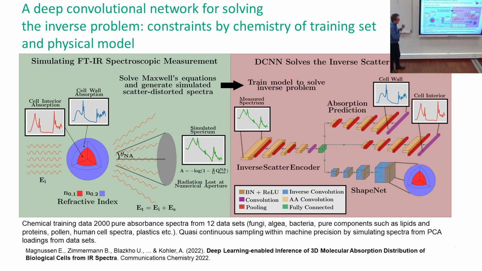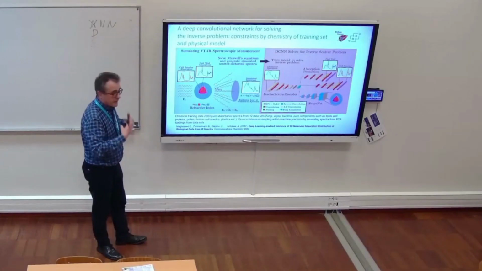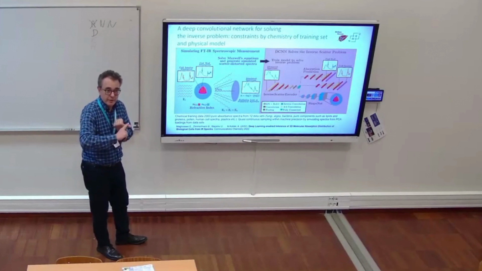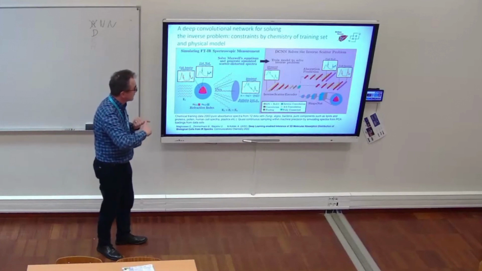So we used chemical training data. We had around 2,000 pure absorbing spectra from 12 data sets covering fungi, algae, bacteria, new components, etc. For each of these data sets, we used principal components of a PCA model with many components, and we sampled from this distribution in order to obtain the absorption properties.